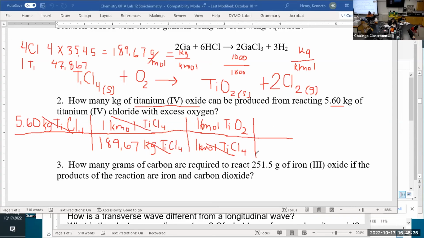And I want kilograms, right? So what is the molar mass of titanium oxide? We know that the titanium was 47.867. And then oxygen is what? There's 2 of them, so together it's 16 times 2, which is 32.